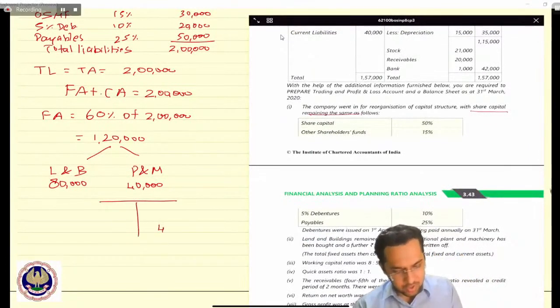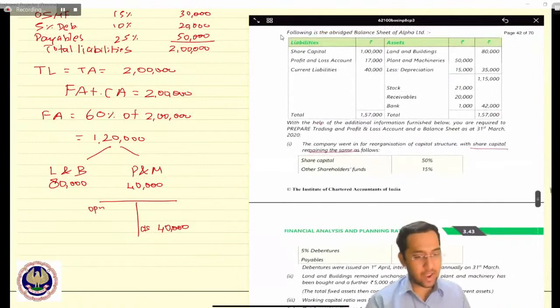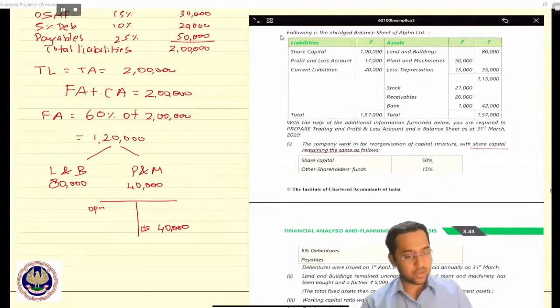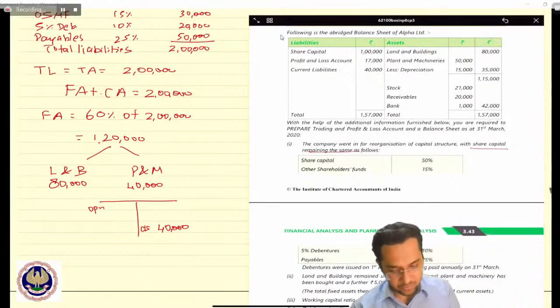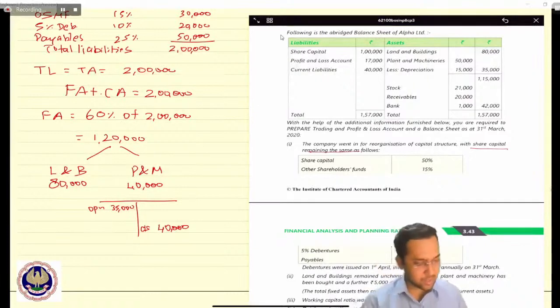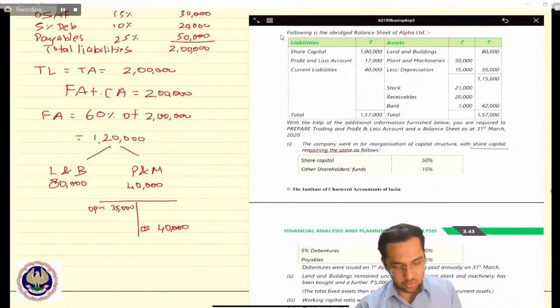We have a closing plant and machinery of 40,000. The net opening plant and machinery, we said, is 35,000. Then the question says you have to provide additional depreciation, so the current year we would have provided a depreciation of 5,000 also. Is it tallying?